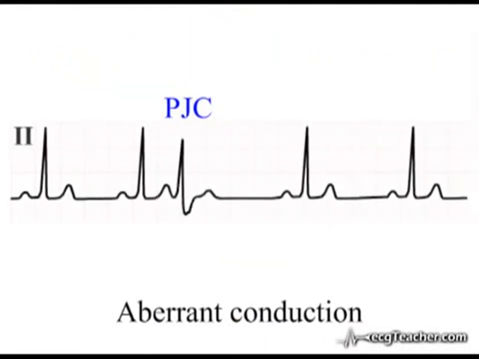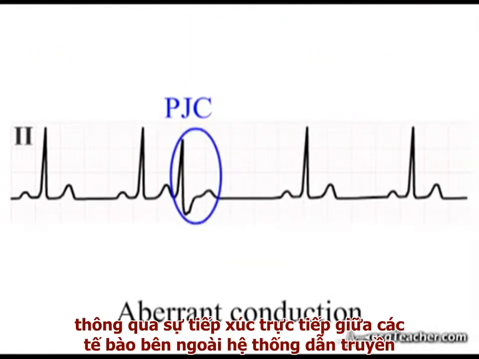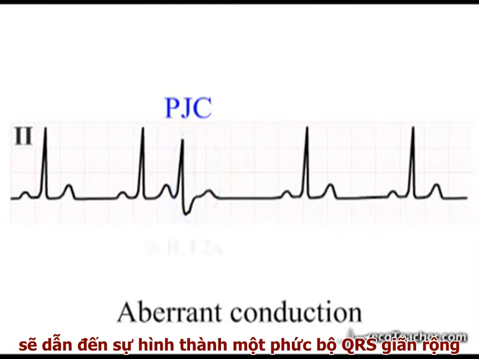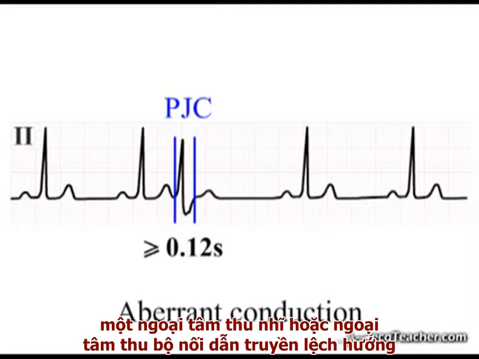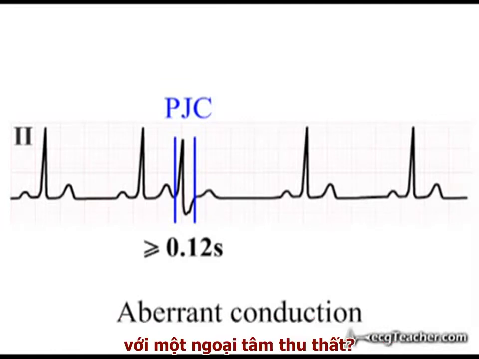Aberrant conduction by direct cell-to-cell contact outside the conducting system results in a broad QRS complex with right bundle branch block morphology.